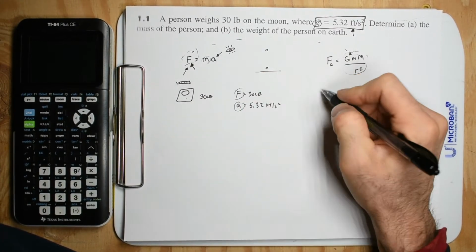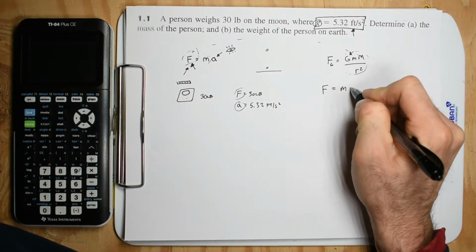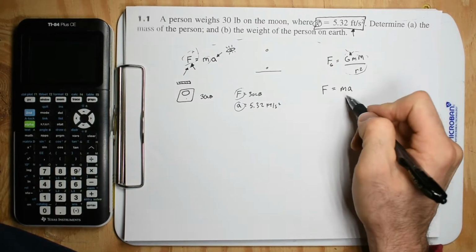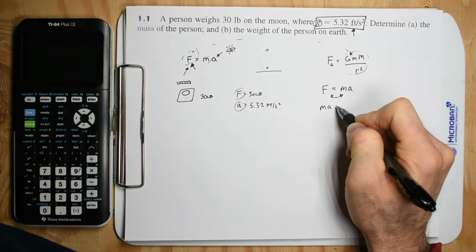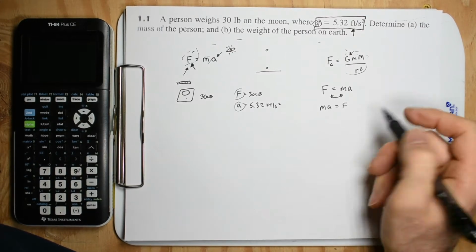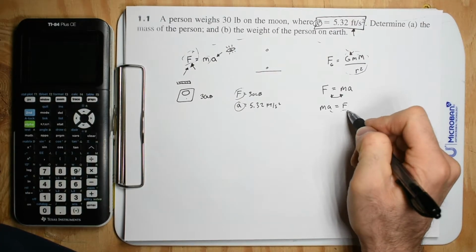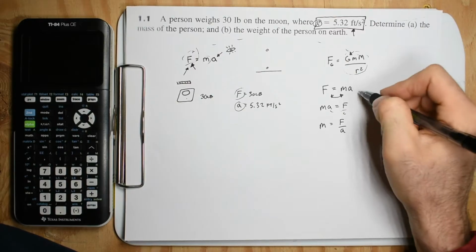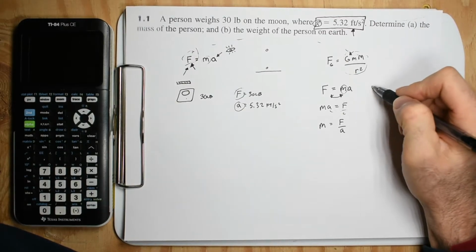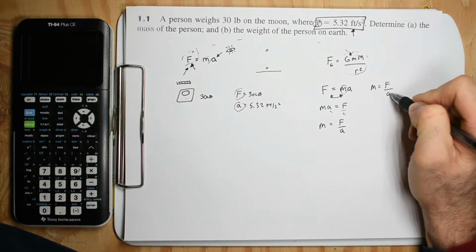Sometimes your mind doesn't work and you're like, okay, I'm going to flip these and go MA equals F. Perfect. And now I'm going to bring the A to the other side, downstairs. So now M is equal to F over A. Or you can just say, I just want to isolate M, and do it in one step.